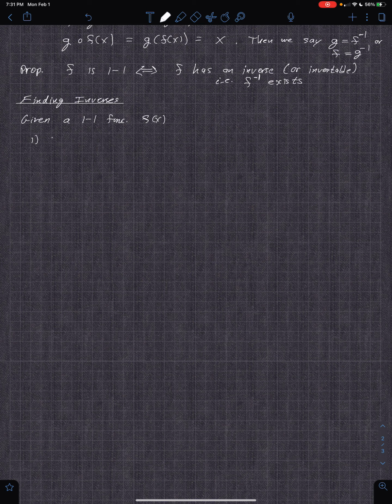So replace f of x with y. 2, interchange x and y. So you swap them, right? 3, solve for y. And 4, set y equal to f inverse.